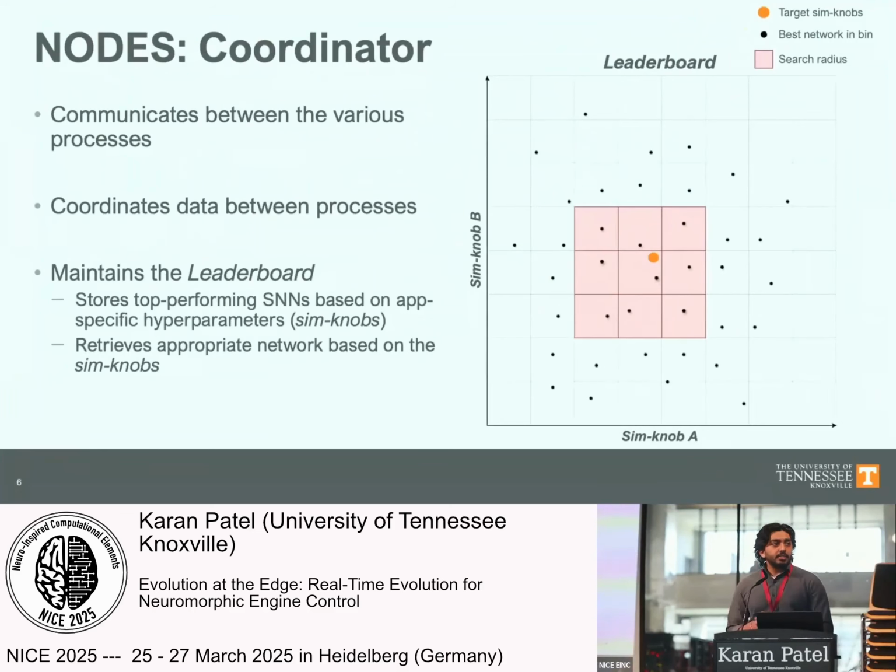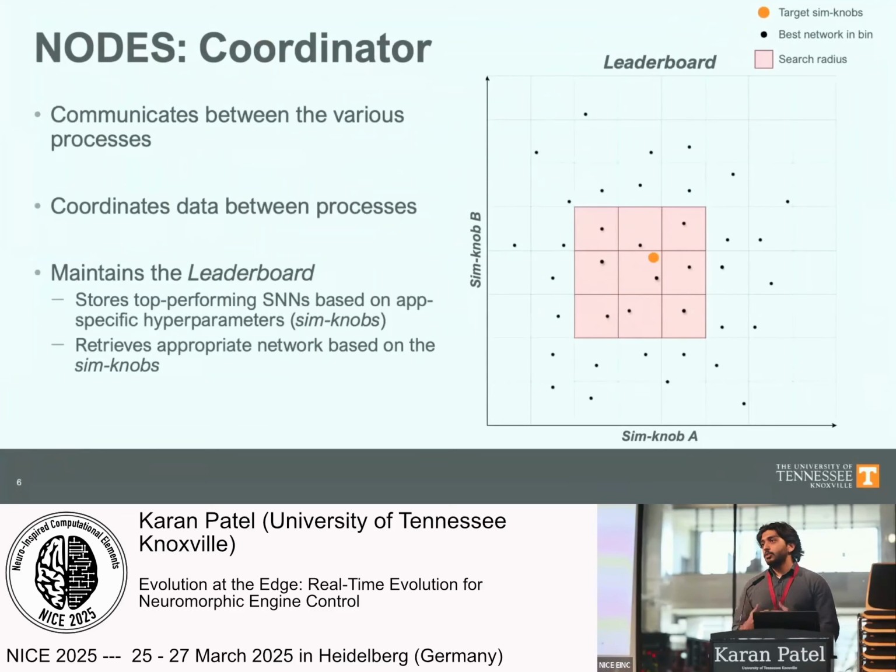So coming back to the coordinator, again, this process is responsible for communicating information between the other processes, but it also keeps track of the best networks in a data structure that we call the leaderboard. The leaderboard stores the top performing SNNs based on sim knobs, which are basically hyperparameters of the target application simulator used during training. These sim knobs are meant to encapsulate the real world and account for environmental changes.